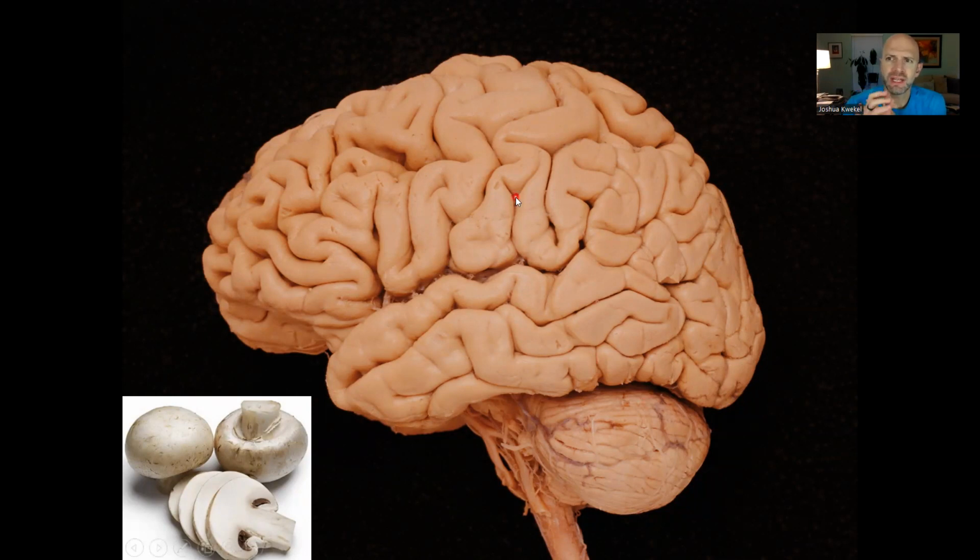And the folded nature of the brain is unique among higher vertebrates. So the more advanced or higher cognitive ability an animal has, the more folds the animal's brain will contain.